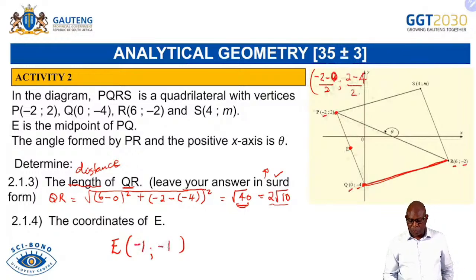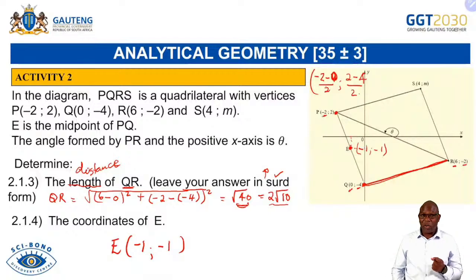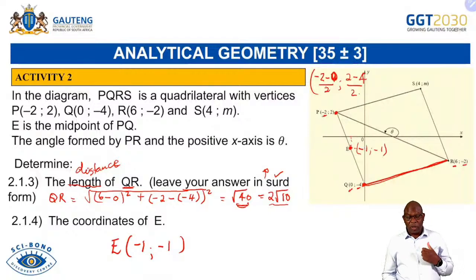Still, you can go and use your calculator there. So you'll get the same answer. So the E point, now I know it's negative 1 and negative 1. Am I right? So I can see this is negative 1 and that point there can be negative 1. So I am correct. So you can check your answers and see if your coordinates are in the right places. So if I got a positive 1, then it will be somewhere there and it will be incorrect. So please check your answers once you've done the correctness of your answers.